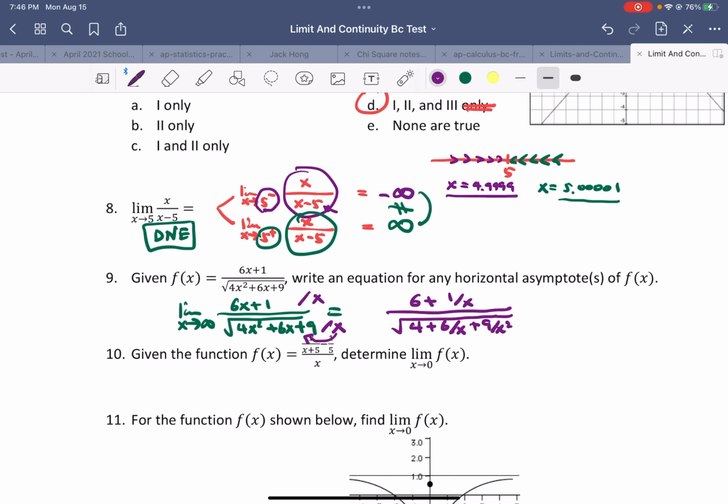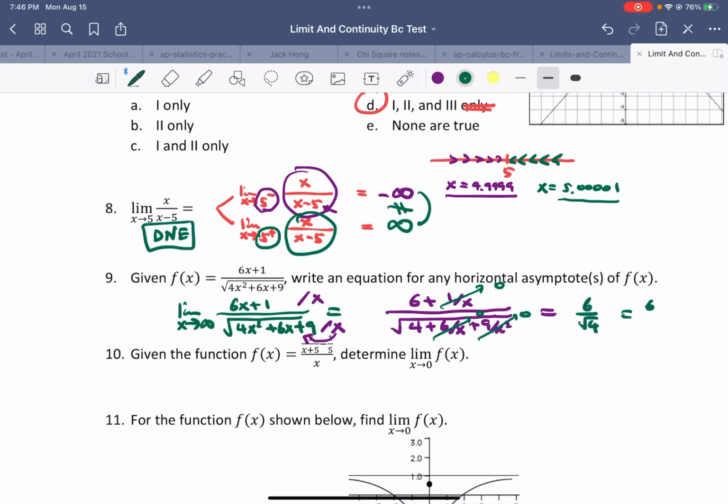Then all of these go to 0, because x approaches infinite. So you end up with 6 over root 4, which is 6 over 2, so 3. So y equals 3 is one horizontal asymptote.